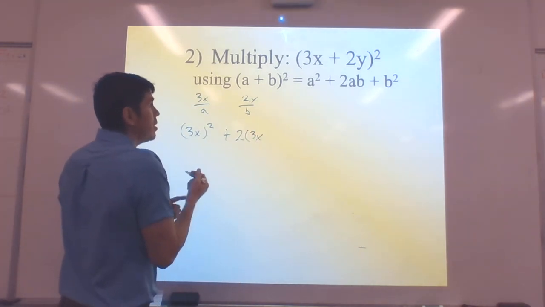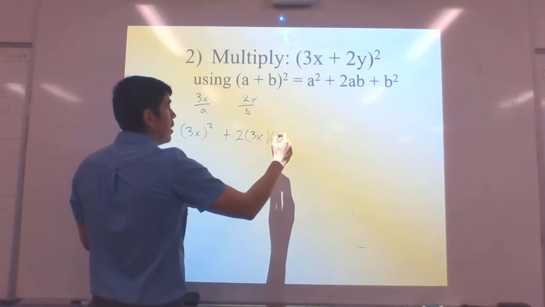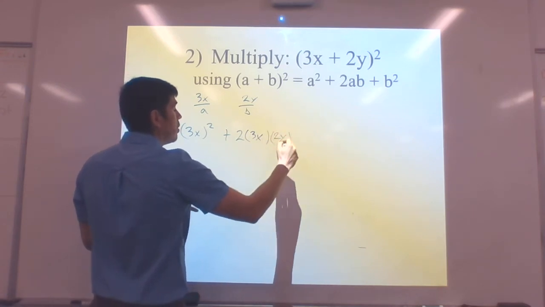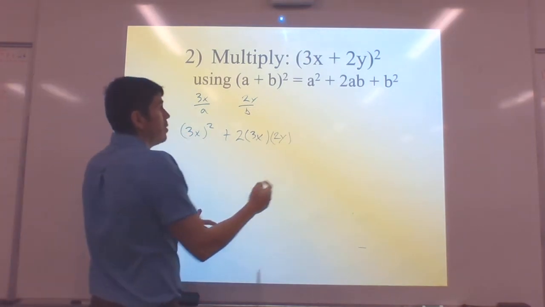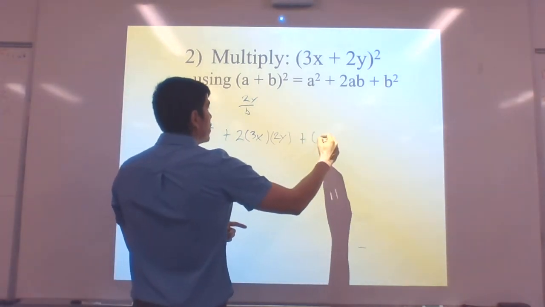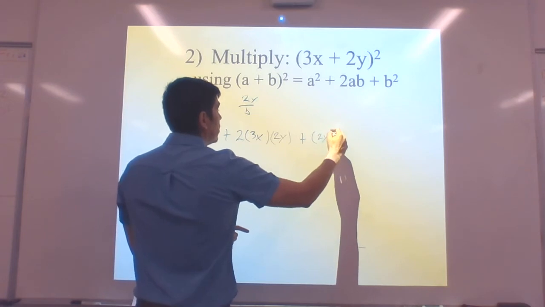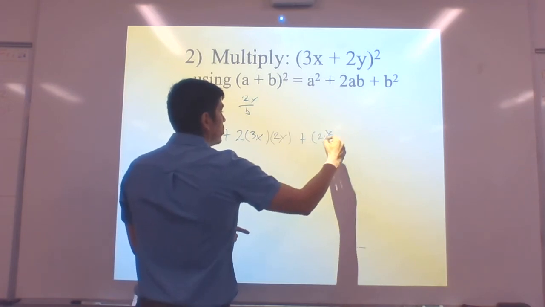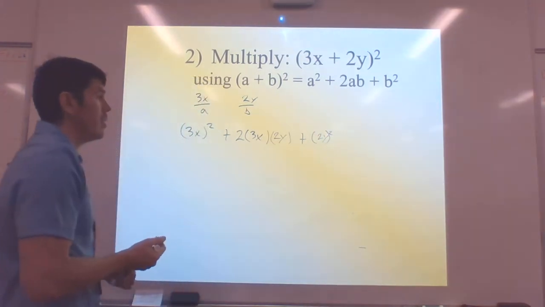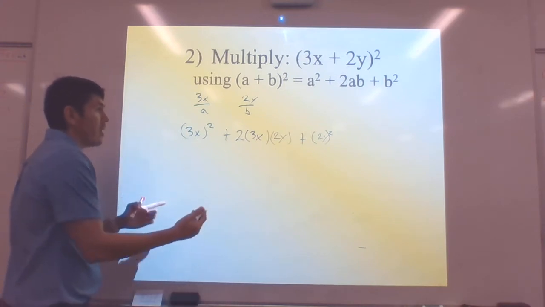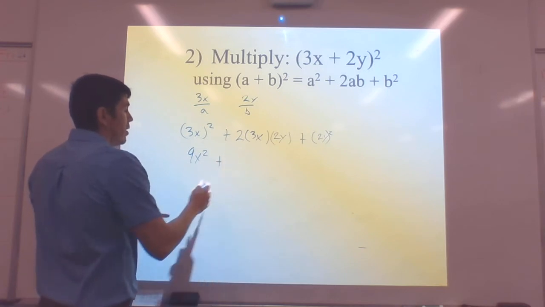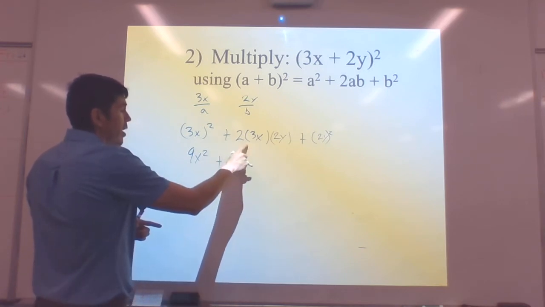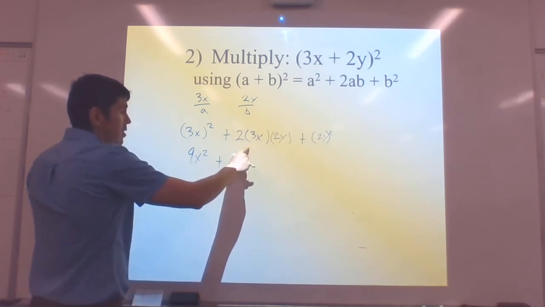What's going to be my B? My B is going to be 2y. What's going to be my B squared? Well, it's going to be plus 2y squared. Okay? If I do that, then I evaluate. We get 9x squared here. We get 2 times 3x, that's going to be 6x.